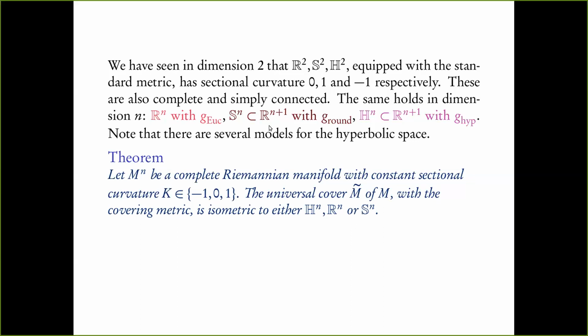So remember, I'm not saying it's diffeomorphic, I'm saying it's isometric, meaning it is identically the same as Hn, Rn, or Sn with the corresponding metric that we see up here. Hn with the hyperbolic metric, Rn with the Euclidean or flat metric, Sn with the round metric. So this is the statement that for any complete Riemannian manifold, its universal cover is, as a Riemannian manifold, Hn, Rn, or Sn. Okay. So any questions or comments?